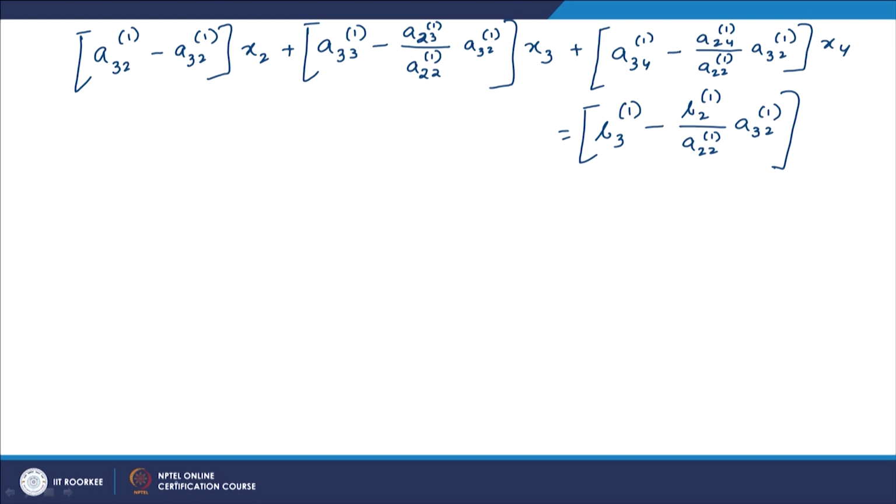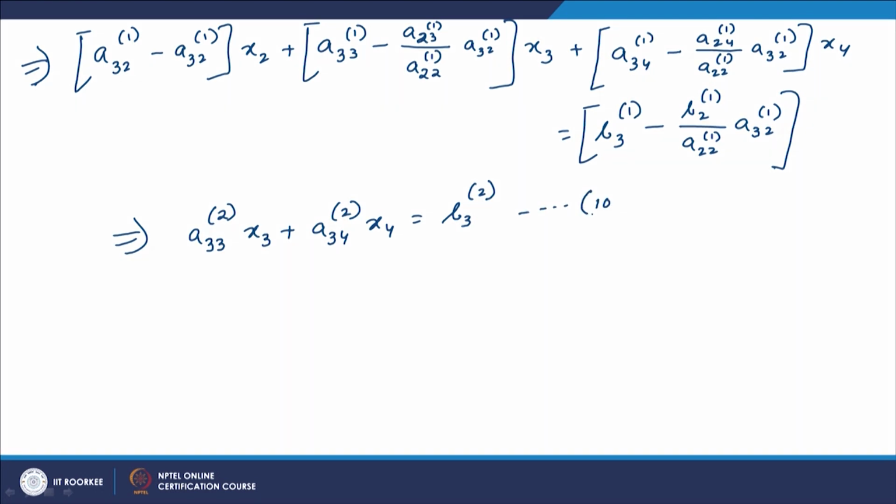So, we get this. From here, x2 is eliminated. So, from this we now get A33 second updated value x3 plus A34 second updated value x4 is equal to B3 second updated value. Let us say this is equation 10.